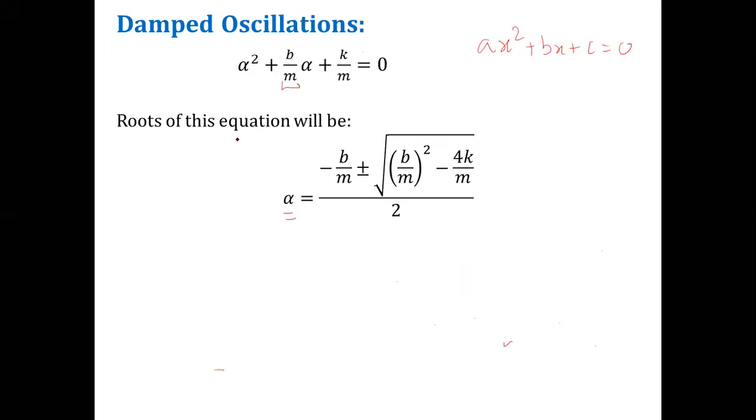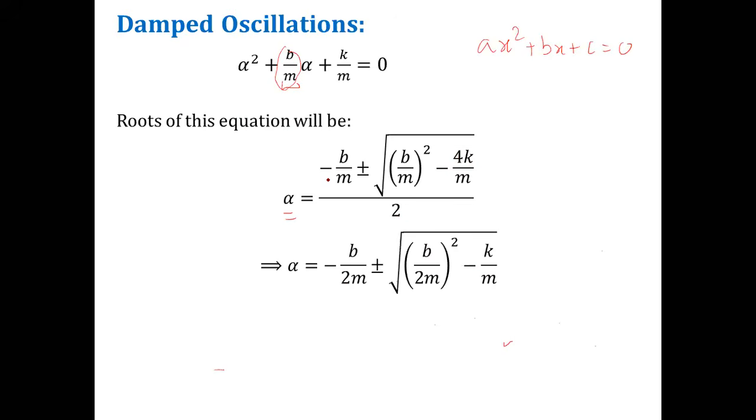For this equation, if you solve, the roots would be alpha equal to minus b, which in this case is minus b over m, plus minus the square root of b upon m whole square minus 4ac. A is 1, c is k over m. So you will have minus 4k over m, divided by 2a. So you will have 2 in the denominator. Taking the 2 up, you will get minus b upon 2m.